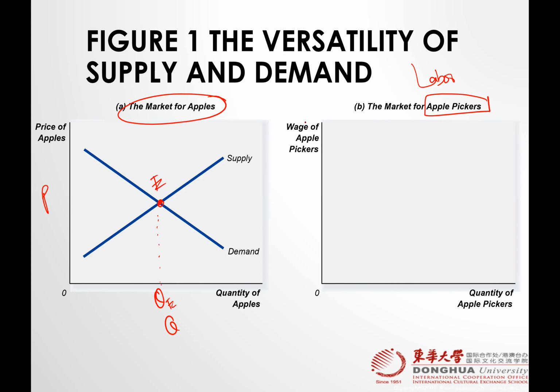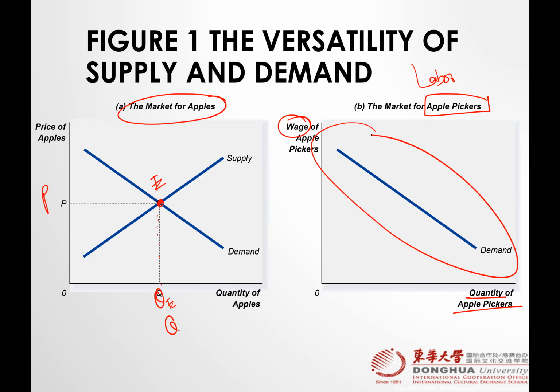The price of labor is called the wages, and the quantity of labor is the quantity of apple pickers. Its demand follows the law of demand as well, but it is a derived demand, which depends on the market of apples. That's why we call this a derived demand.